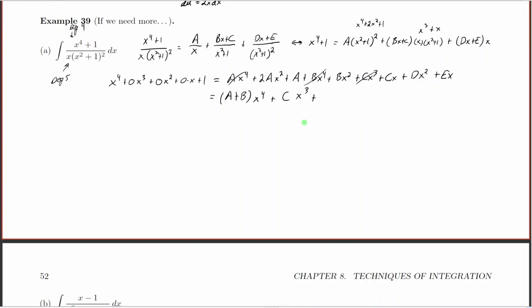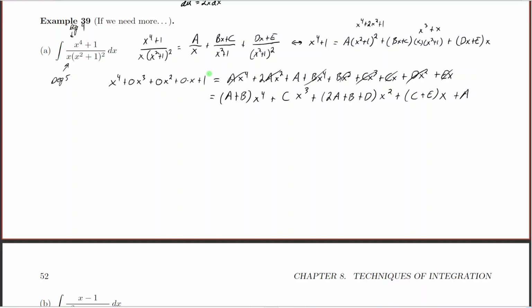Our x squared terms are the 2A that we have here, B, and then we've got this Dx squared. And that's x squared. Our x terms, we've got C and E. Right here and right here. And then just constant of A.